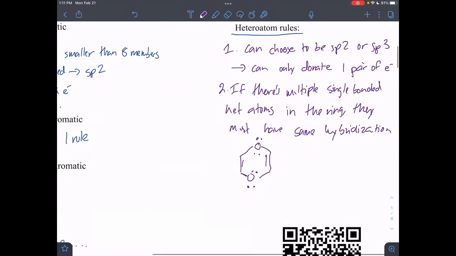And remember, heteroatoms can choose to be sp2 or sp3. But they both pick the same option. You can't have one oxygen that chose to be sp2 and another that chose to be sp3. So when they're only attached by single bonds, they have to choose the exact same hybridization. So they're kind of synchronized.